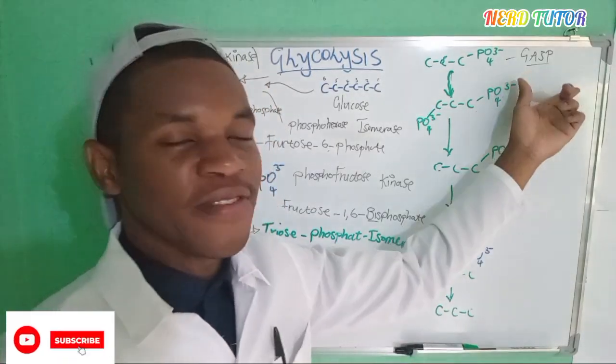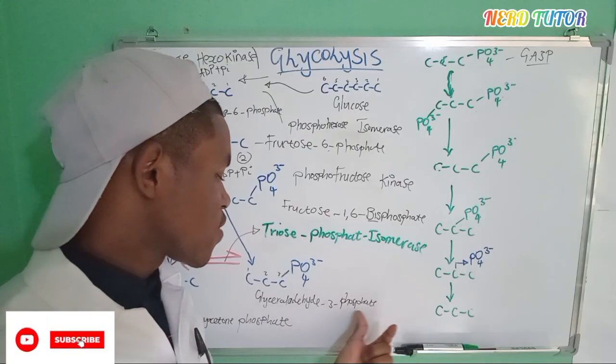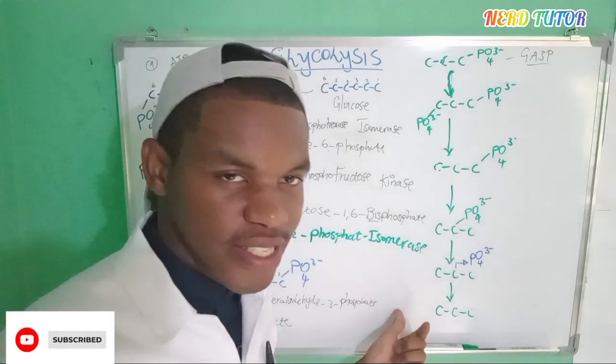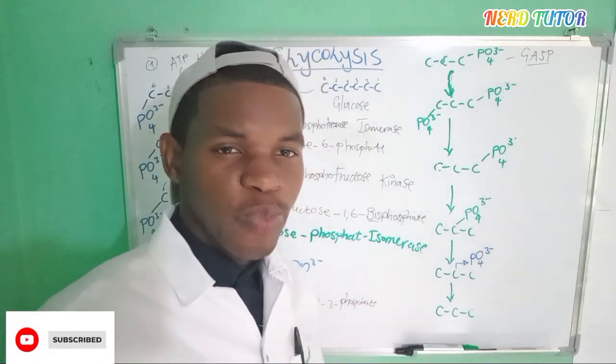So this one I think is even simple, because just put the name here, glyceraldehyde 3-phosphate dehydrogenase. Because it is losing the hydrogen, meaning it is losing the what? Protons and electrons.